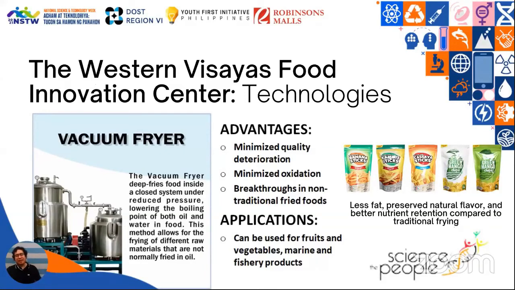Kasi nga, the frying temperature that we're using here is very low. Now, traditional frying is around 160 to 180, but here we are using temperatures as low as 100 degrees Celsius. So malaki yung difference. No? So it has better nutrient retention compared to products that are traditionally fried. So it can be used for fruits and vegetables, marine and fishery products.